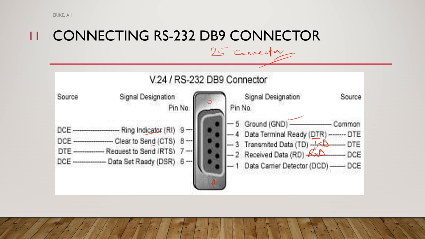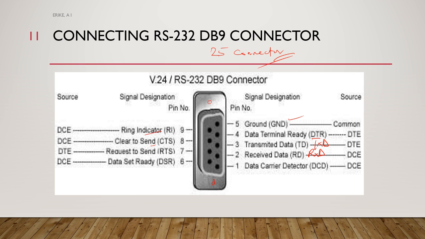Now come to request to send. Request to send and clear to send signals coordinate communication between the DTE and the DCE. How do they do that? Whenever the DTE has data to send, it activates the request to send line. And if the DCE is ready to accept the data, it activates the clear to send line.